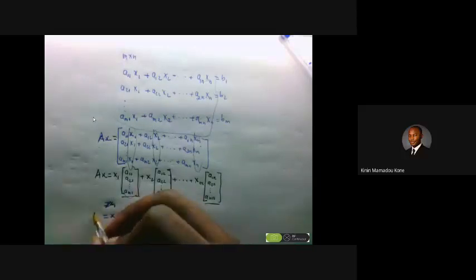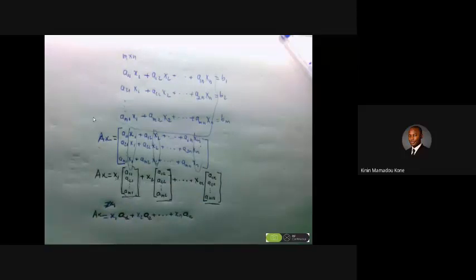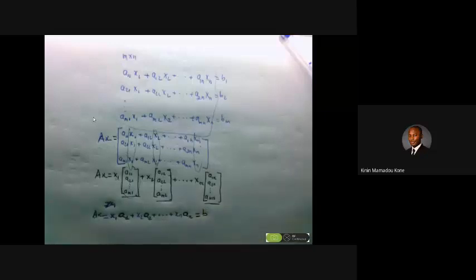Okay, so we can now express our matrix equation as a sum of column vectors. That's another representation. In other words, we can have Ax equal to this, and that is also equal to b.